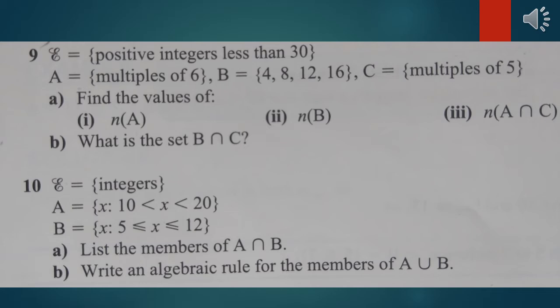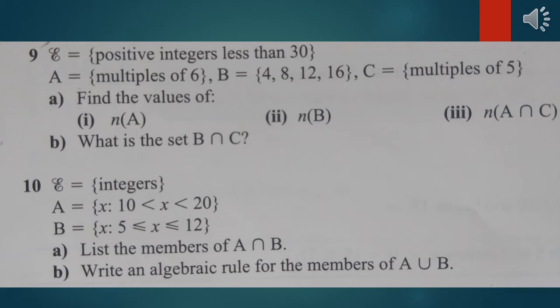Part A. Find the value of n(A). That is, how many elements belong to set A. A is the multiples of 6. So we start with 6, 12, 18, 24, 30.